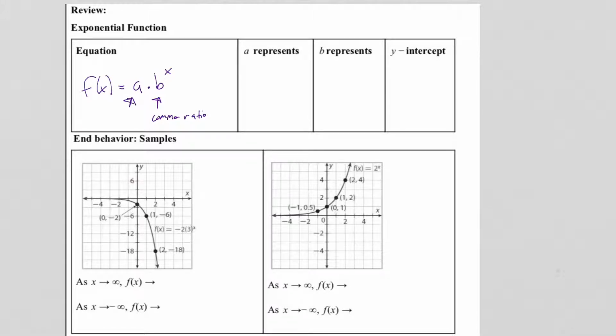And a was called our initial value, or basically the value when x is equal to 0. So a represents when x equals 0, otherwise known as the y-intercept.